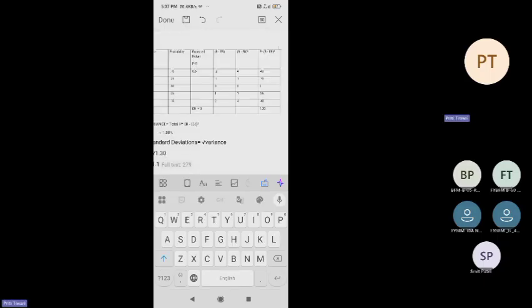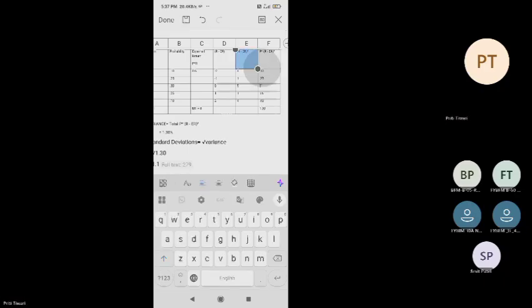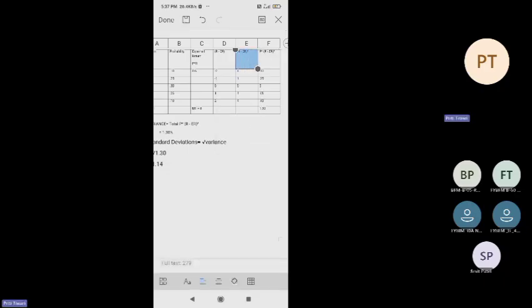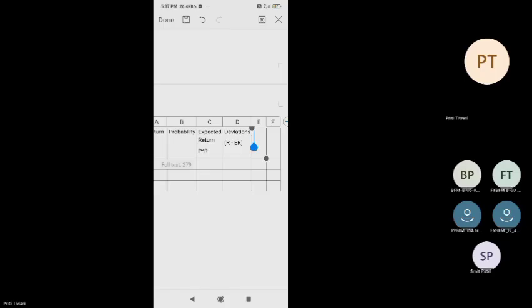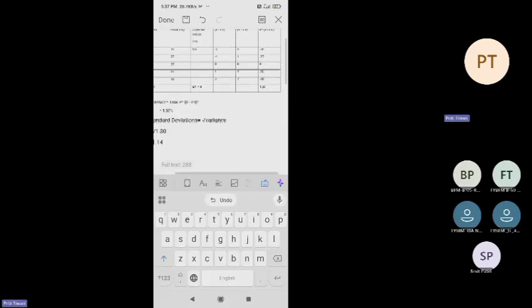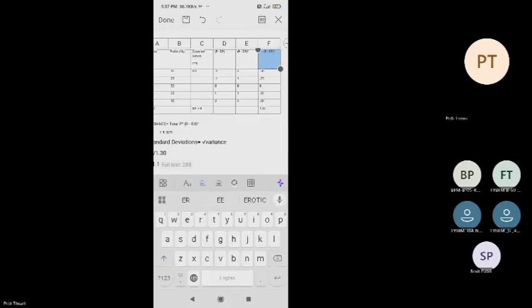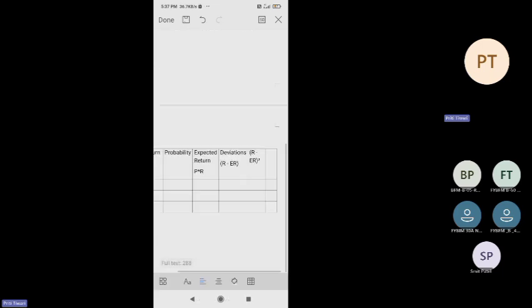Next is squaring those deviations. And the last step is multiplying it with the probabilities.